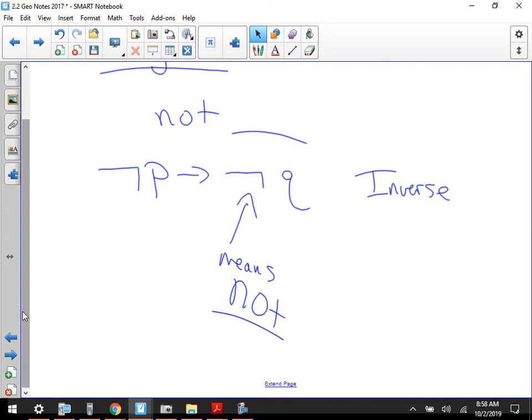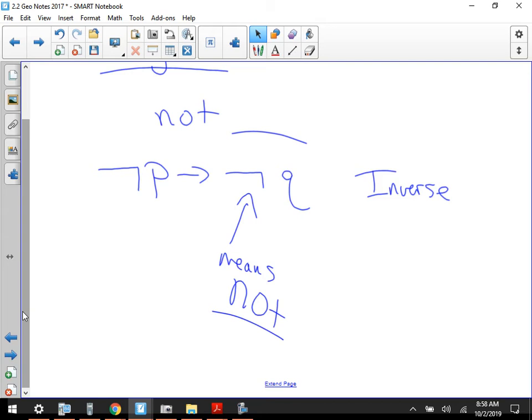Okay, if lines are not perpendicular, then they do not intersect. Is that true or false? False. Why? He's right. It's still false. And what happens a lot of times with these, if you get a false statement for the converse, more often than not, your inverse will also be false.